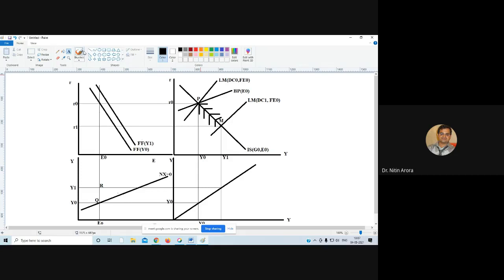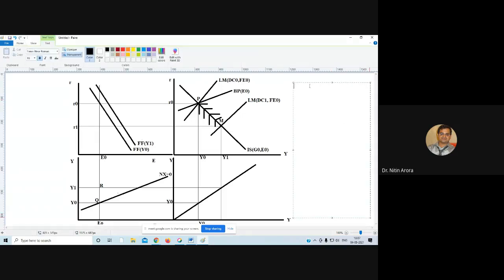What we can do, we can explain point by point this mechanism.